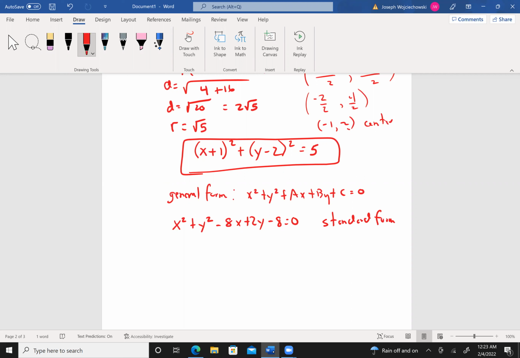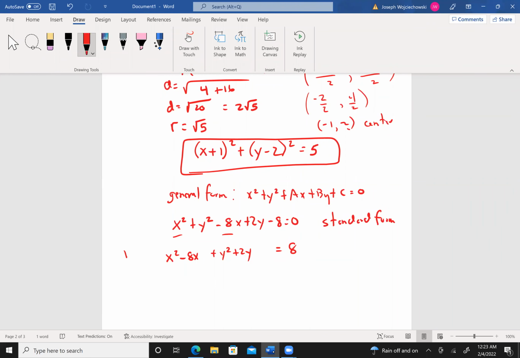So first we need to group. So I have x squared minus 8x. And I have plus y squared plus 2y. And then I move this 8 over here. So now remember how I said we'd use completing the square? Here we go.